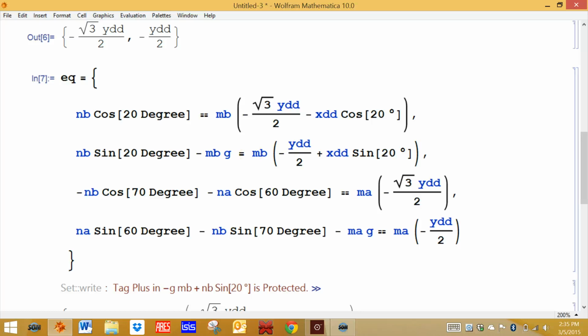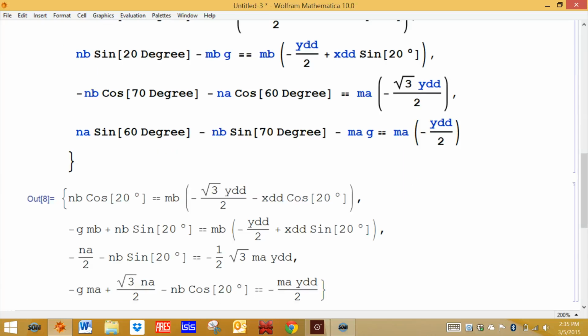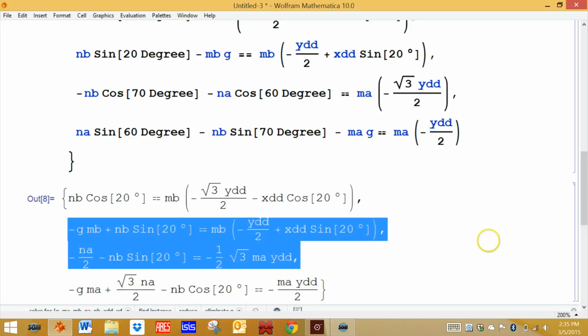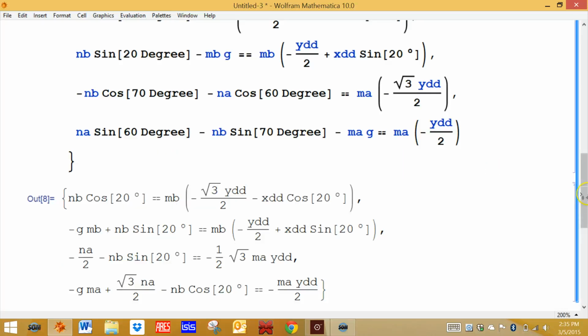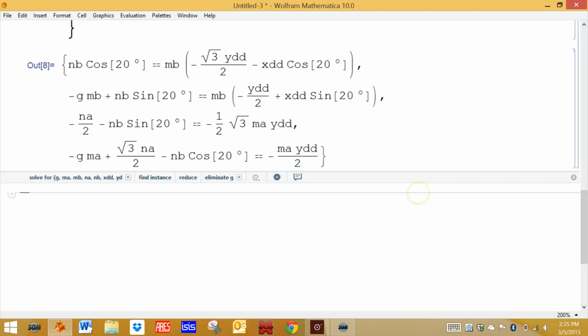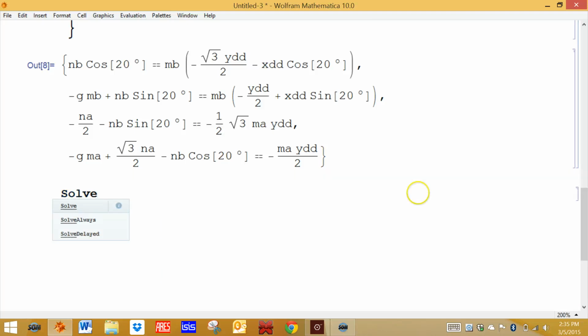I only have one equal sign here. So equal, equal. There we go. And then what I'm going to do is solve the equations for y double dot, x double dot, and B, and A.